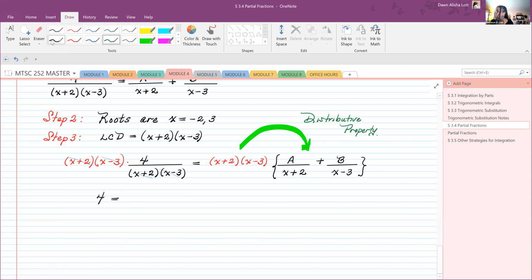Okay, so I'm going to multiply this by the first term, A over x plus 2. When I do that, the x plus 2's divide out and leave A times x minus 3. Then I have to multiply x plus 2, x minus 3 times B over x minus 3.